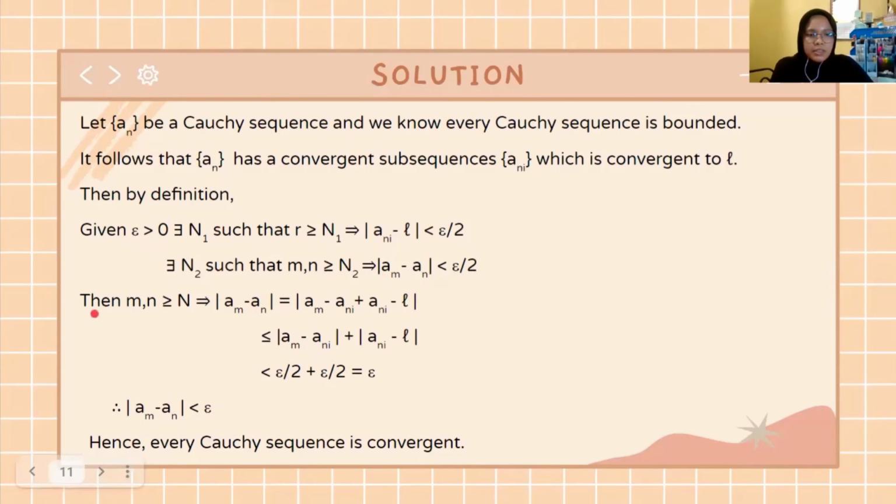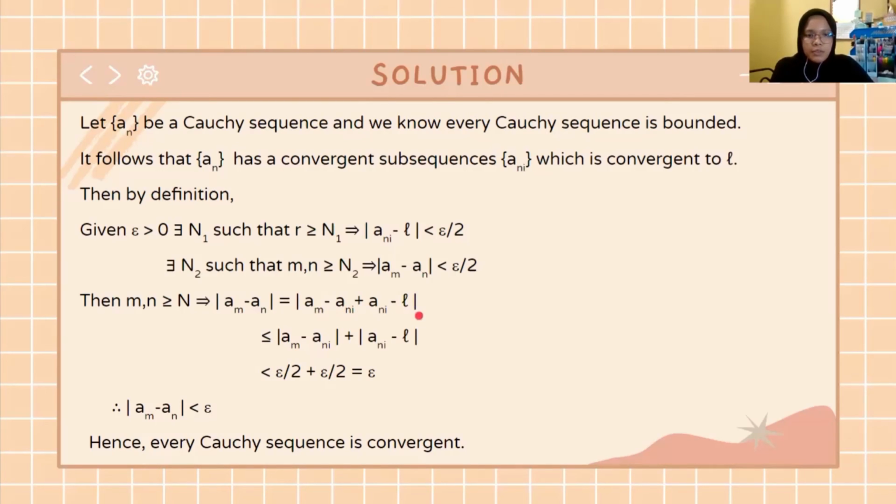Then we take m and n greater than or equal to n, and we have a_m - a_n, and we add a_ni to this equation, and we have a_m - a_ni + a_ni - l.